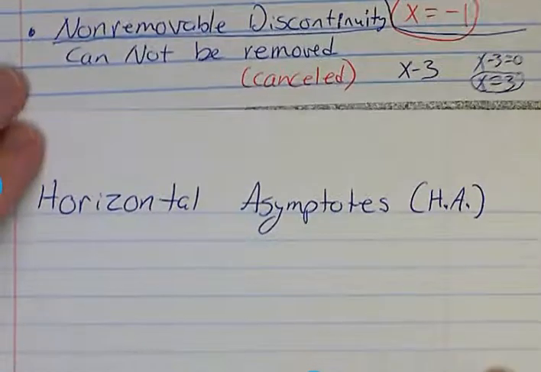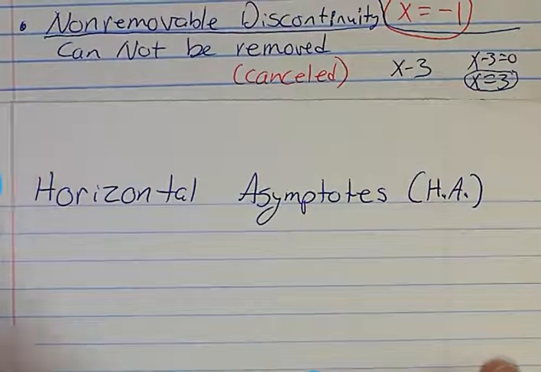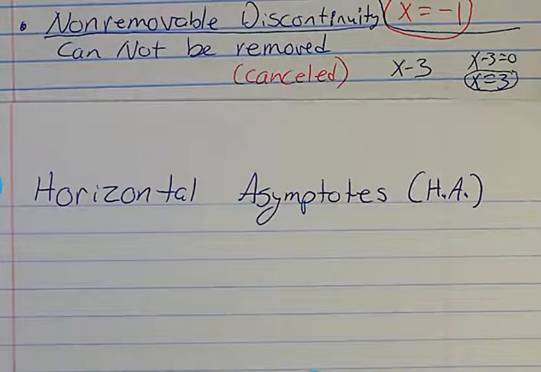As we're talking about the horizontal asymptotes, we'll just call it HA for short, so we don't have to keep saying that over and over. On some of these, they're just going to give you a rational expression and ask you to tell them what the horizontal asymptote is. We're going to do horizontal asymptotes first because it's the hardest one, since it's more of a check thing that you have to do. And then vertical asymptotes are pretty straightforward, so we'll be okay with it.